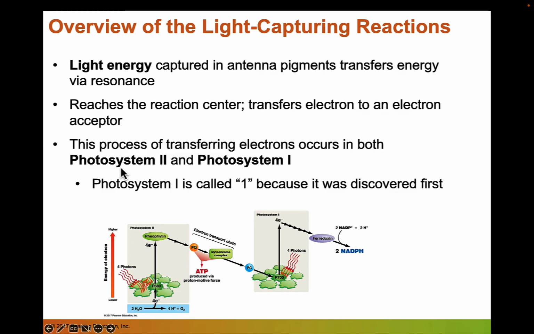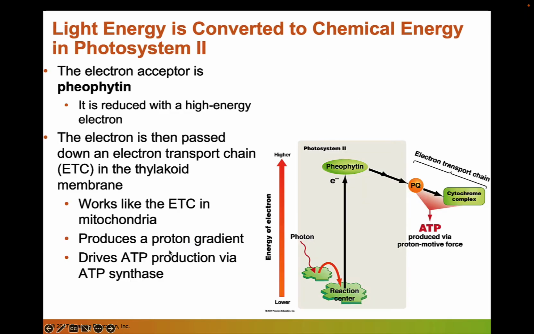The process of transferring electrons occurs in both photosystem 2 and in photosystem 1. And as I mentioned, it's called photosystem 1 because it was discovered first. But let's start here at photosystem 2. So the electron acceptor is called pheophytin, and it's reduced with this high energy electron from the special pair of chlorophyll molecules in the reaction center.